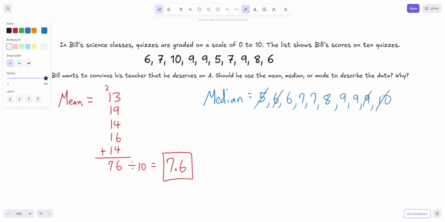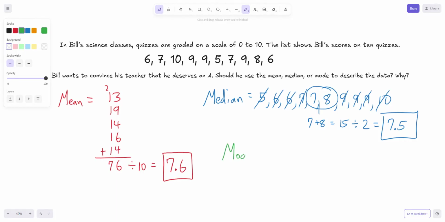Small, big, small, big, and I'm left with two middle numbers. So I need to find their average. 7 plus 8 is 15, and 15 divided by 2 is 7.5. So the mean is 7.6, the median is 7.5.